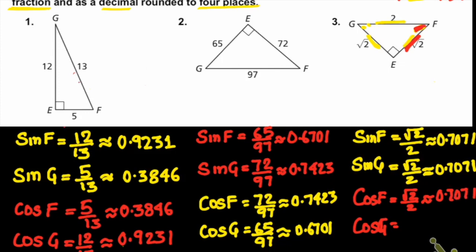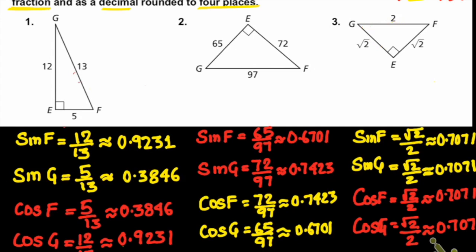All answers are going to be the same. And cosine of g is ka, adjacent over hypotenuse, because both our legs are the same. So no matter which one we are finding, it's going to be the same answer.